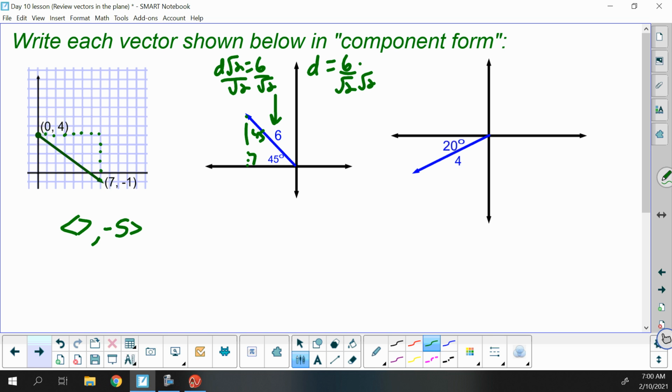If we multiply top and bottom by square root of 2, we get 6 square root of 2 over 2, which is really 3 square root of 2. So d is what's across from our 45, so we should have 3 square root of 2. But then this side would be negative 3 square root of 2 because it's going left. So our component form is negative 3 square root of 2, comma 3 square root of 2.